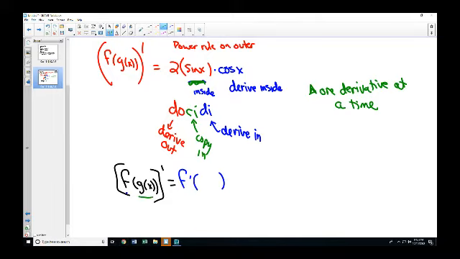Which is g of x. And then, keep my theme here, and then what? Derive inside, right? So derive outside, copy inside, derive inside. Okay.